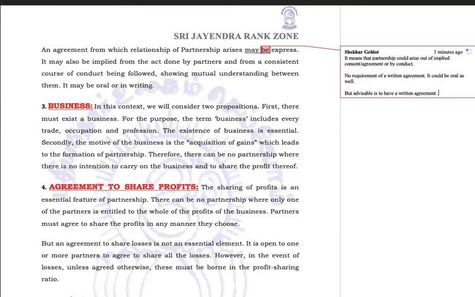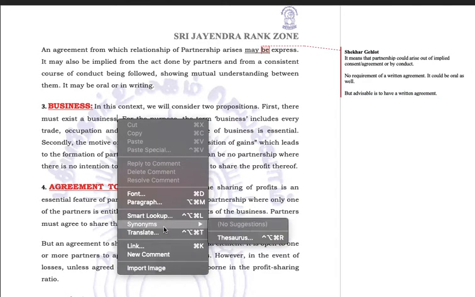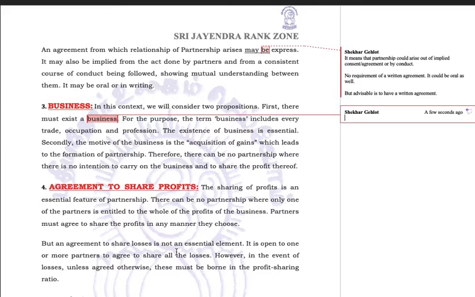Now the other point is business. The third element is business. In this context, we will consider two propositions. First, there must exist a business. What is business? Business simply means commerce.